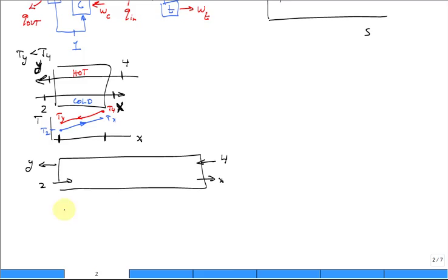If I put my same temperature-length diagram from inlet to outlet, T2 is not changing in magnitude, and T4 isn't changing either, it's the same height.